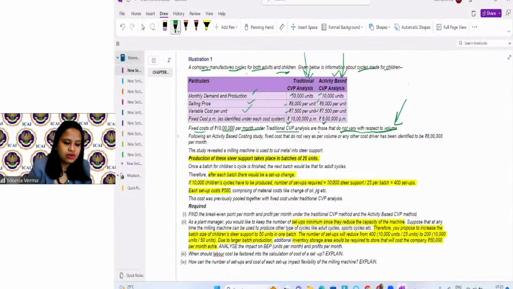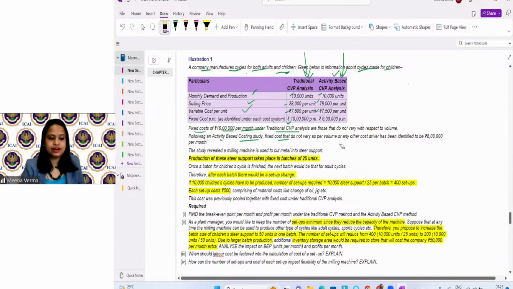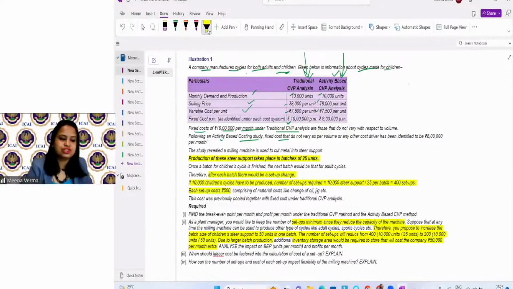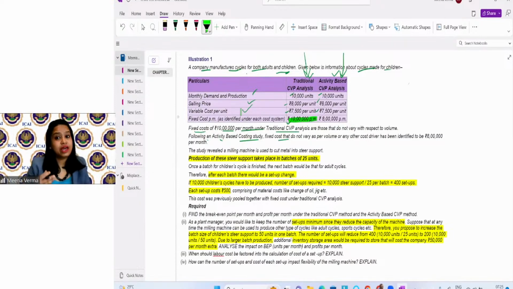Then, following an activity-based costing study, fixed cost that does not vary as per volume or any other cost driver has been identified as 8 lakh. Now see what is written here. If you do it traditionally, they find that fixed cost is 10 lakh, which is not changing with increase in production.